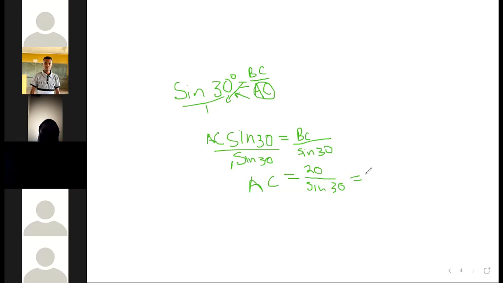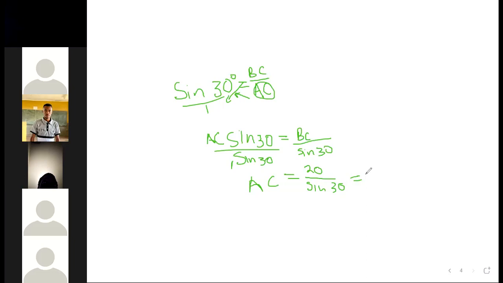Continue. Couldn't you have divided each side by 30 and then used sine inverse? No. Why?